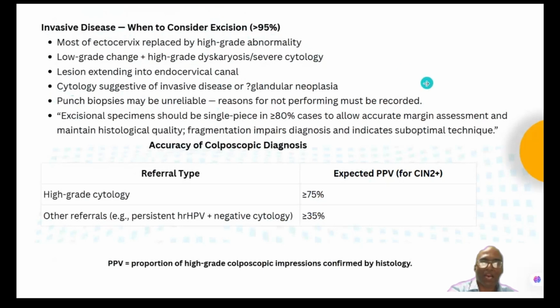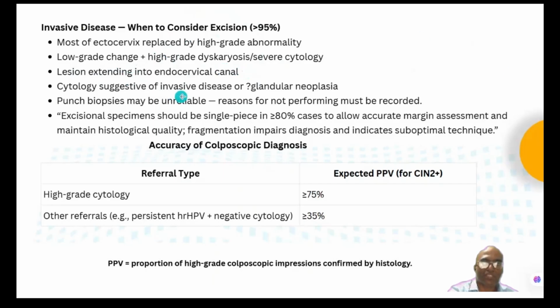Excision means LLETZ or LEEP. If you have a low grade change but high grade dyskaryosis or severe cytology, that means your colposcopic impression is low grade but the cytology is high grade, that is an indication for excision. If your lesion is extending to the endocervical canal, that is also an indication for excision.